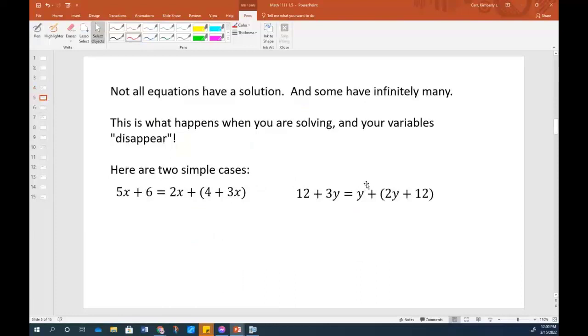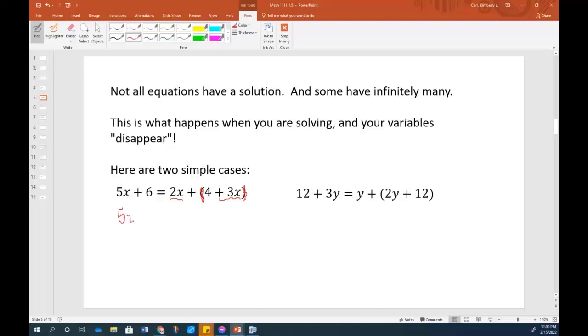But not all equations have solutions, and some of them have infinitely many solutions. And that's what happens when you're solving and your variables just disappear. So using the same approach, if we wanted to solve this, on the left-hand side we have 2x plus 3x, because you might not be aware of it, but the parentheses make no difference whatsoever if there's no powers on it and there's only a plus in front.